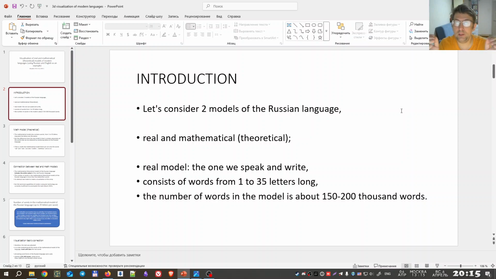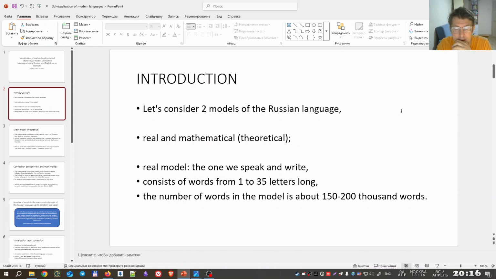There exist 33 letters, and the words can consist of one letter, two letters, three, and so on, and approximately the biggest word in the Russian language consists of 35 letters.